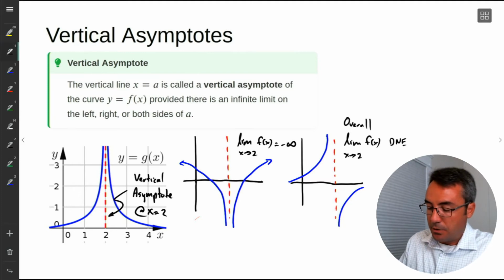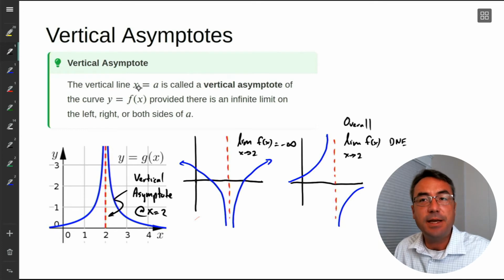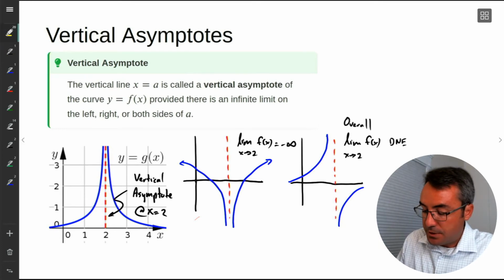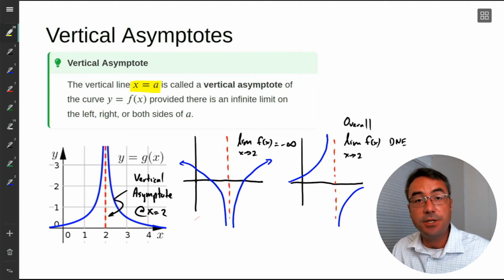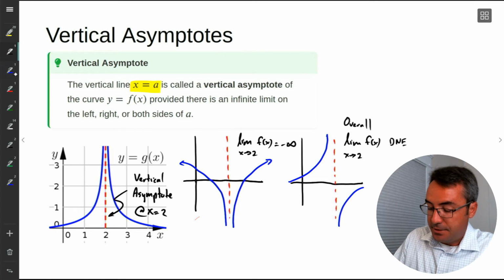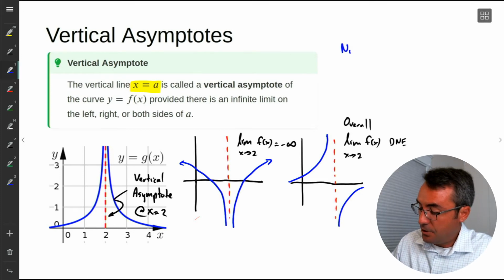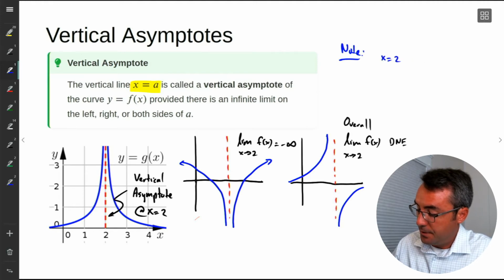And so one little comment here about our definition. When we talk about a vertical asymptote, we're using this x equals a here. And that's the equation of a vertical line. So just a little note here: x equals 2 is the equation.